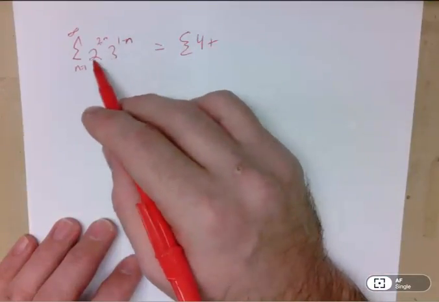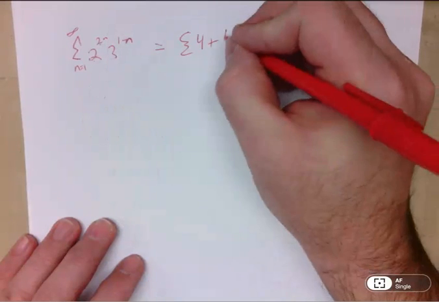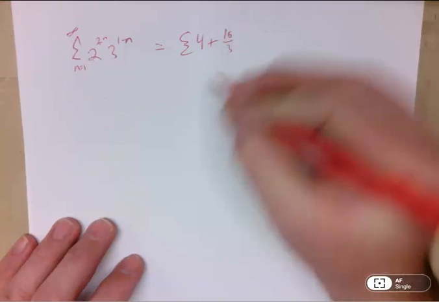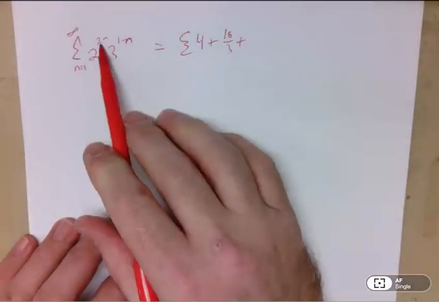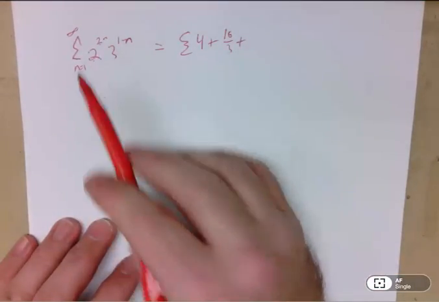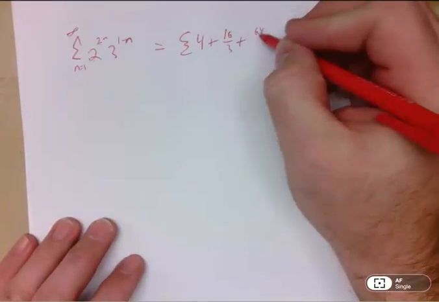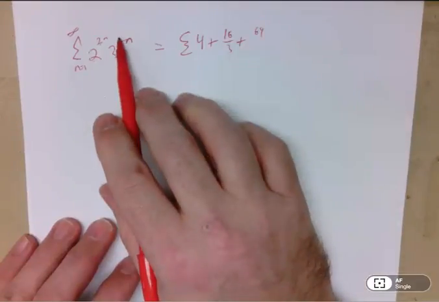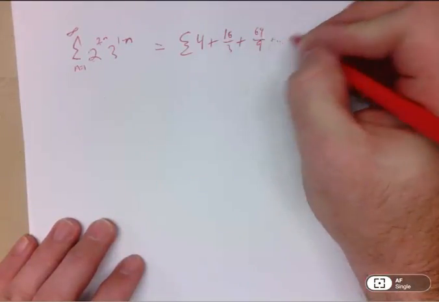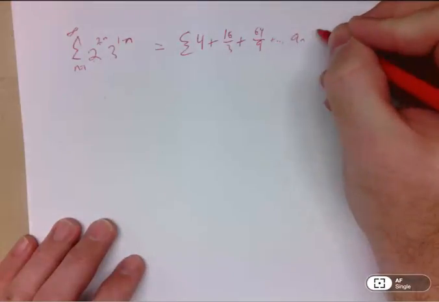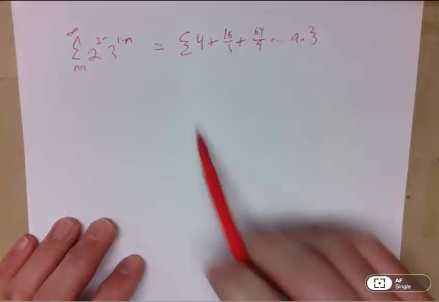So this would be 16/3. Okay, and let's go one more. If n is 3, this is 2 to the 6th, so that's 64. And at 3, I'm at negative 2 now, so that's 1 over 9. So that's 64 over 9, etc., etc. And then I'll just put a sub n. Okay, so these are my terms.